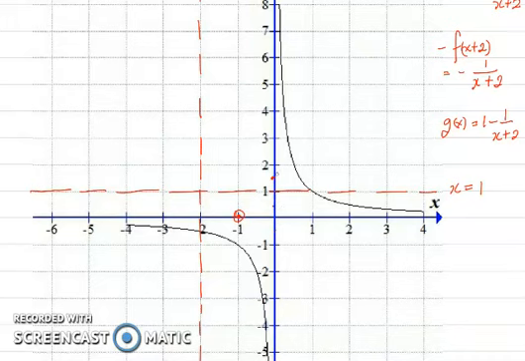all right, that seems off. It seems way off. 2 units to the left, then reflect in the x-axis, and then 1 unit vertically upward, not 2, 1 unit vertically upward. That would put it here.